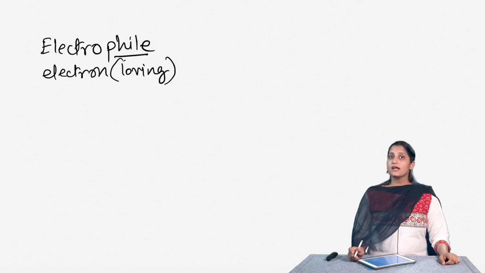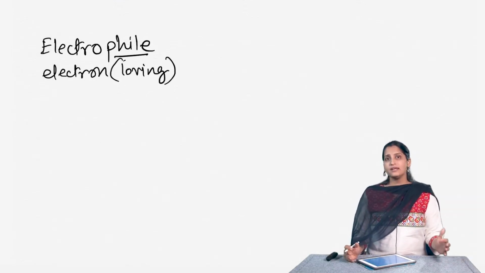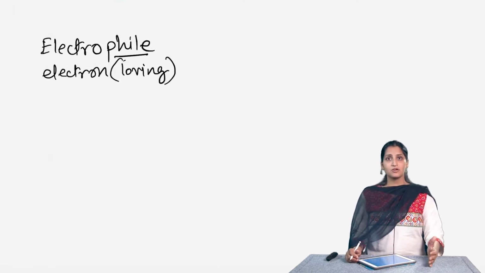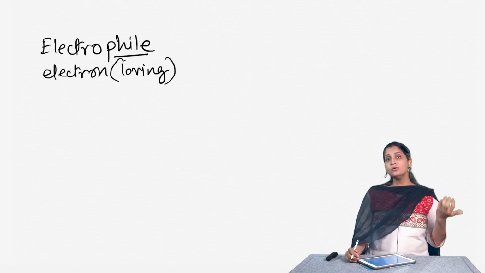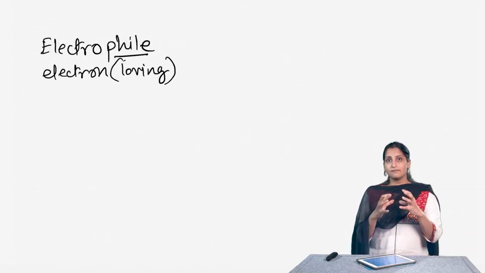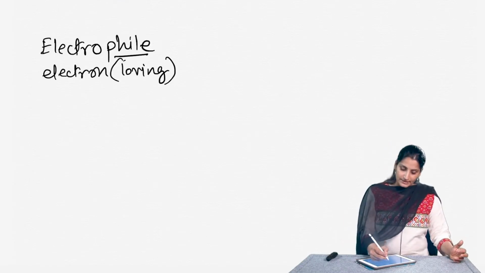So, what are the different electrophiles you have seen before? Really, in any acid base reaction, the acid is an electrophile, because the base with its lone pair of electrons is attacking the proton to grab the proton from that acid, and that proton is really the electrophile here. Other electrophiles that you must have seen are like BH3.